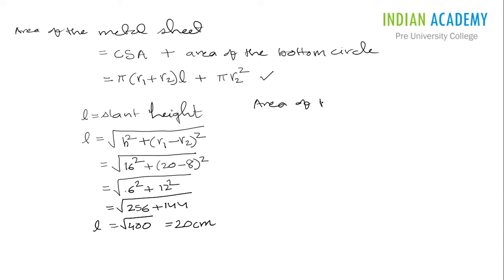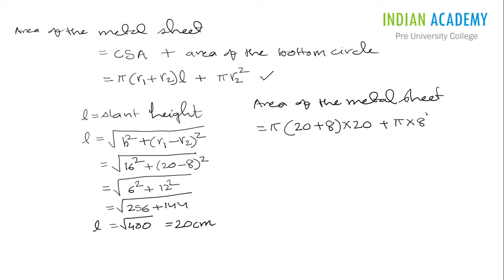Area of the metal sheet will be equal to pi into (R1, which is 20, plus R2, which is 8) into L. L is 20. Plus pi again, and R2 is 8, so 8 squared. So we can take pi common.